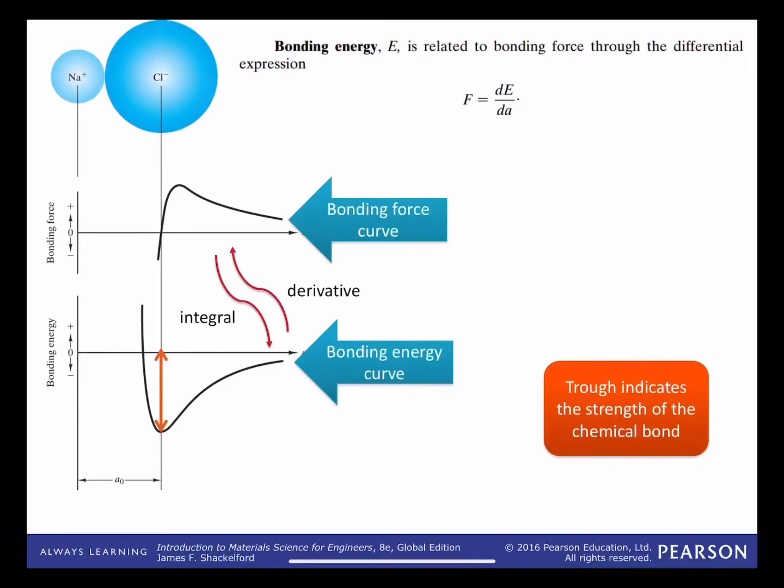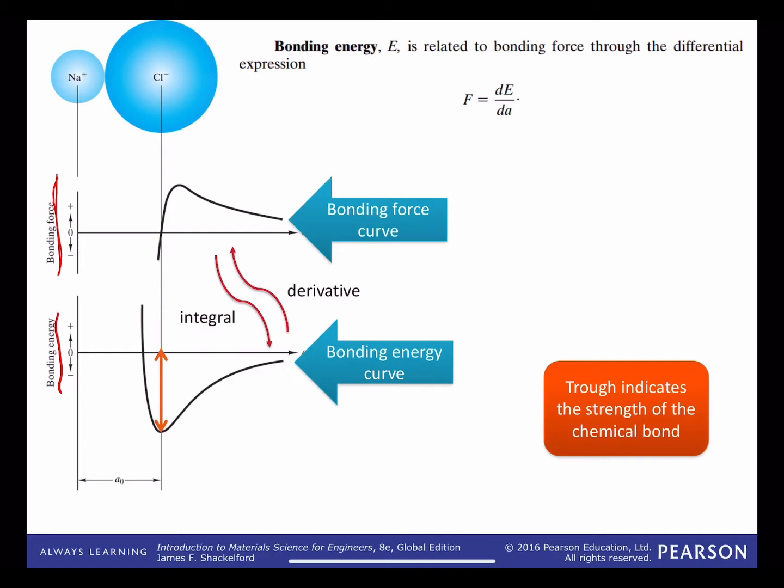Kind of move on. So hopefully we feel pretty comfortable with the bonding force curve. Your textbook also indicates that if we want to consider bonding energy, the same curve can be used to generate that data.